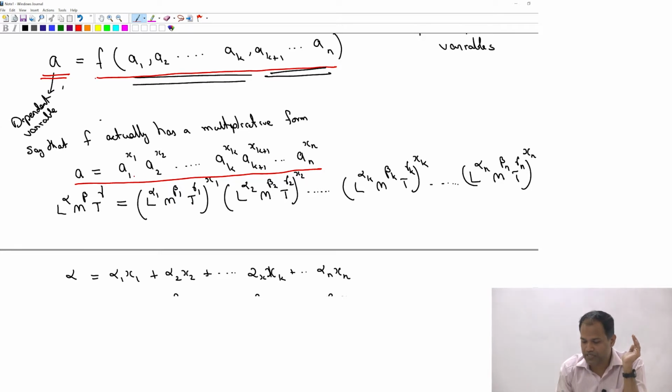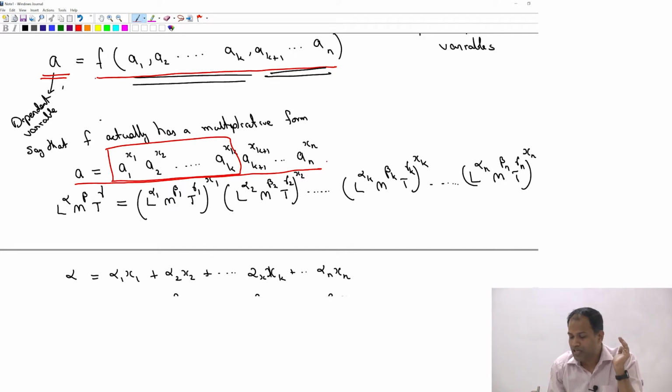All the variables that we are going to select as the fixed ones, which means this particular set, we are going to represent the independent ones in terms of the fixed ones. So the dimensions of k plus 1 we are going to write in dimensions of a1, a2 and so on.